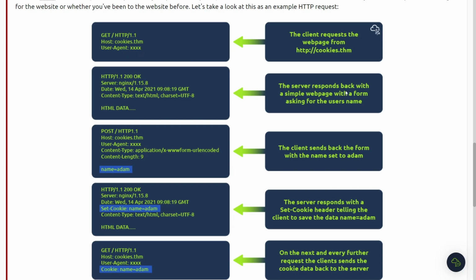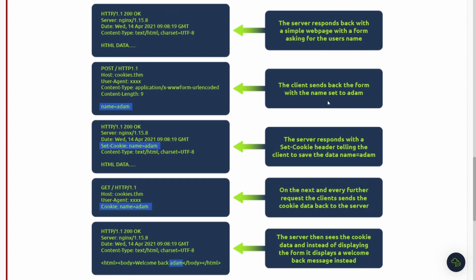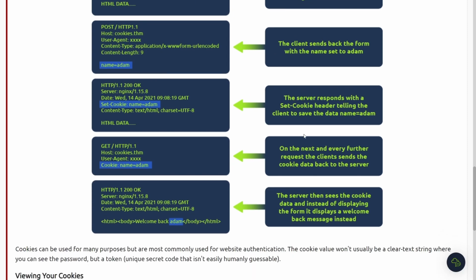The server responds back with a simple web page with a form asking for the user's name, along with the server, date, content type, and HTML data. The client sends back the form with the name set to Adam, name equals Adam. The server responds with a Set-Cookie header, telling the client to save the data name equals Adam.